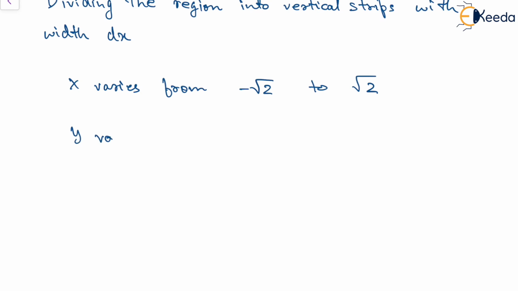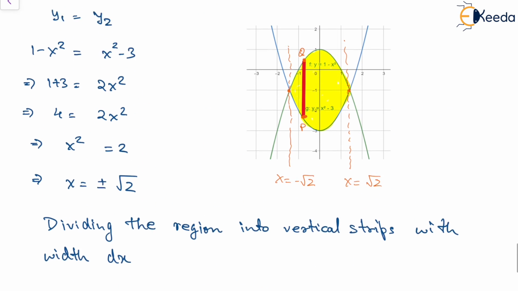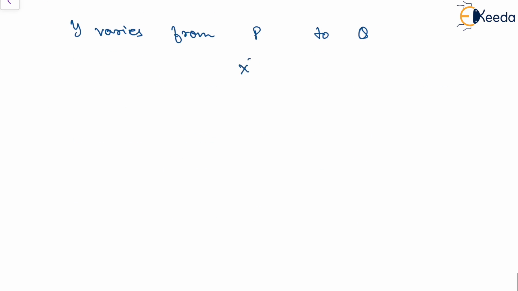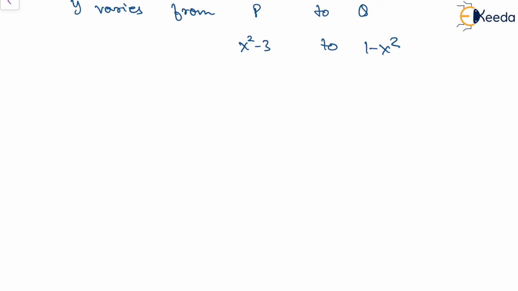y varies from P to Q. So P is x square minus 3 to 1 minus x square. Q is 1 minus x square, lying on the curve 1 minus x square.